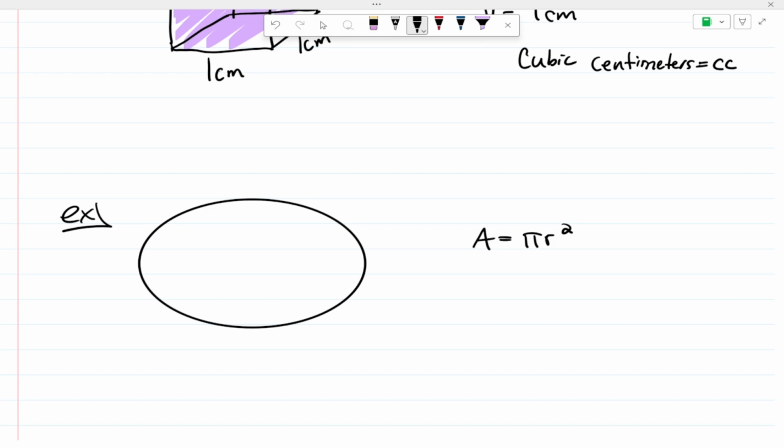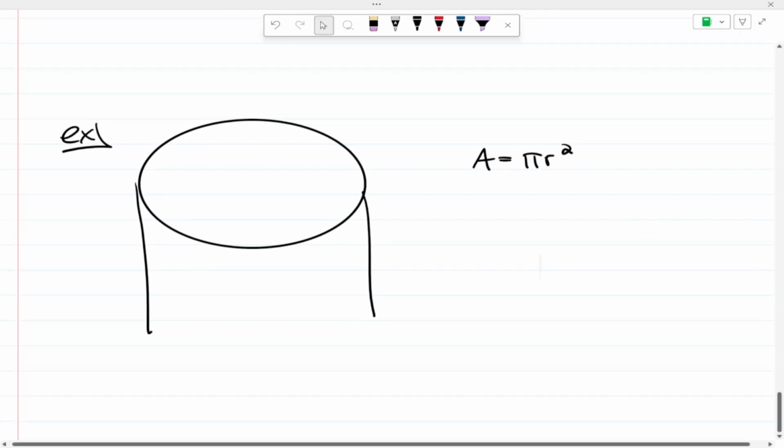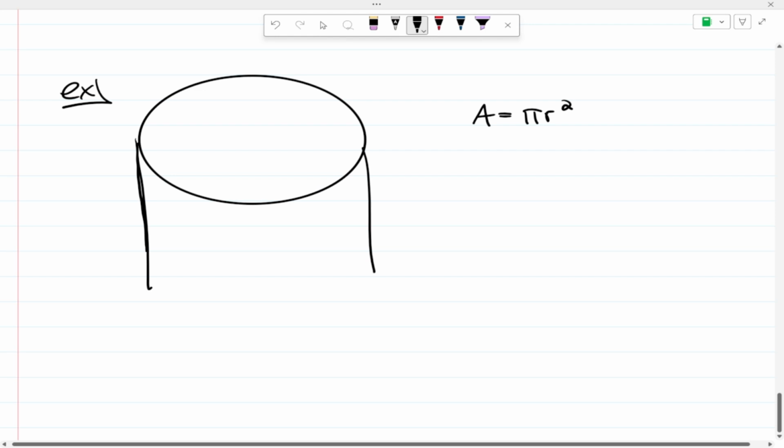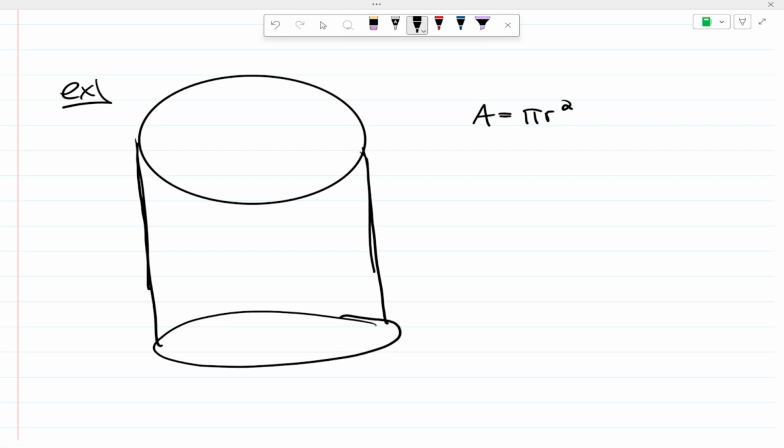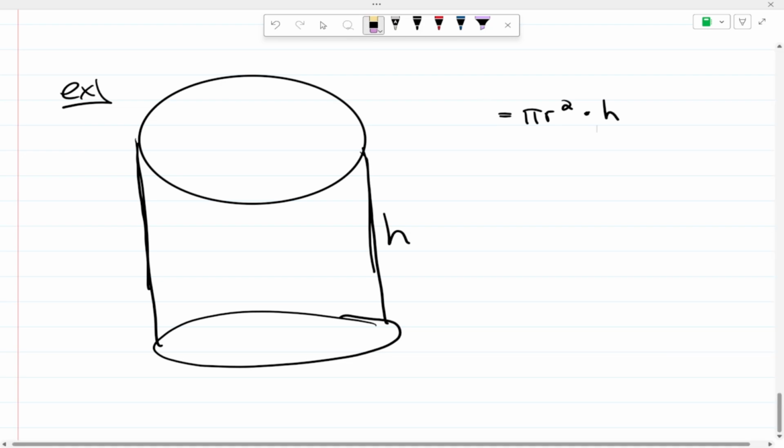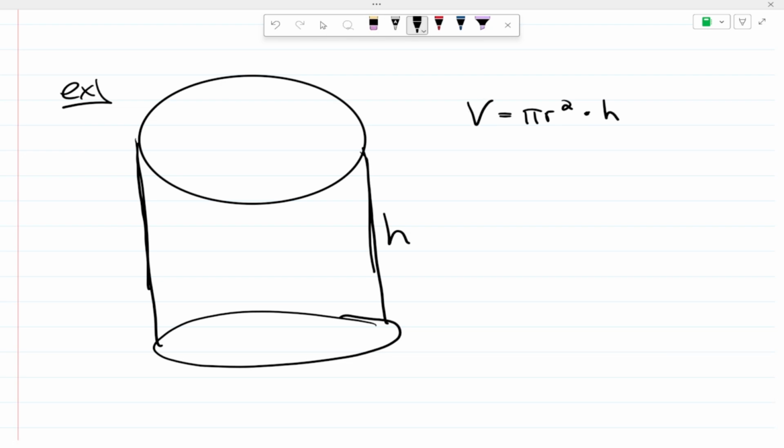If I were to take this circle and extend it up in the air and now give it some sort of dimension, where that's the height, what I just found is no longer the area, but the volume. So I took a circle and found the area of the base. So the volume equals the area of the base multiplied by the height.